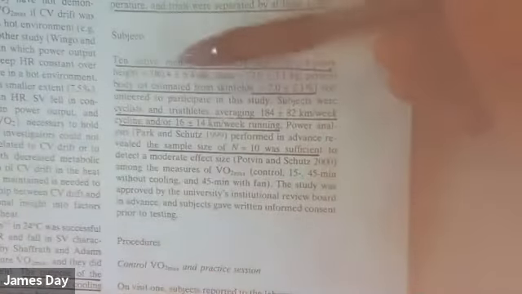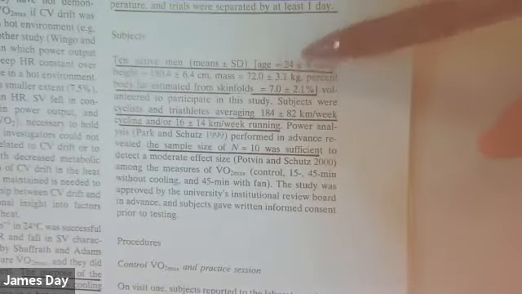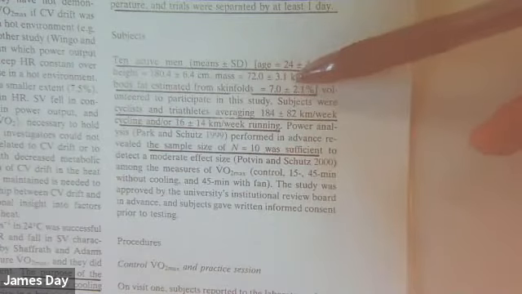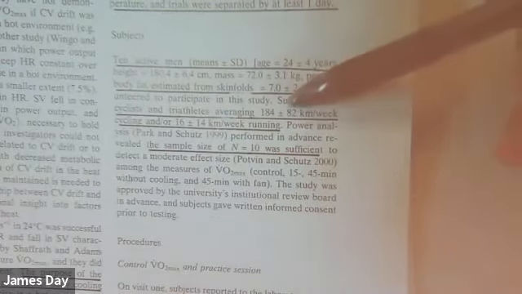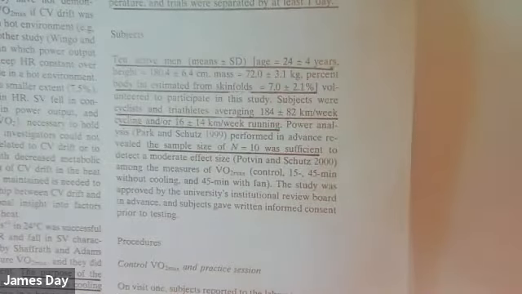We have 10 active men, right, age around 24 plus or minus 4 years, so fairly young active men, all with relatively low body fat, and are cyclists and triathletes that average a decent amount of activity a week.